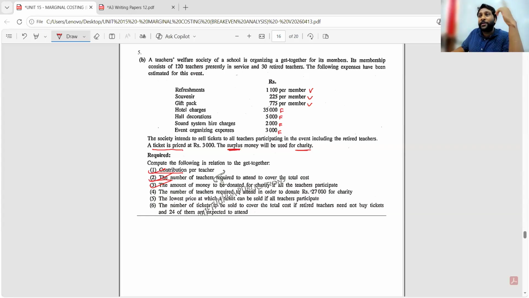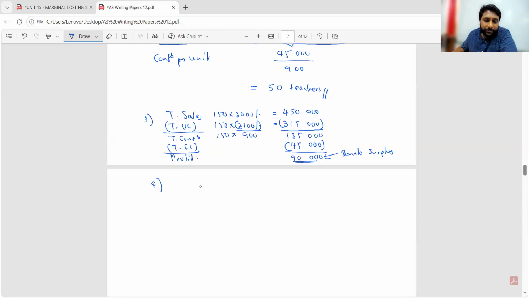They're asking the target profit quantity. So tell me the target profit quantity: total fixed cost plus the target profit, divided by the contribution per unit.